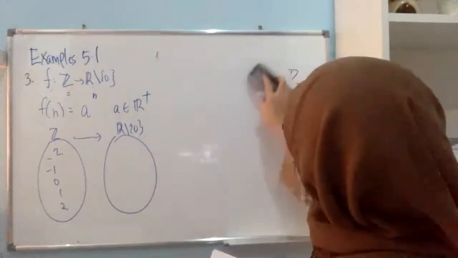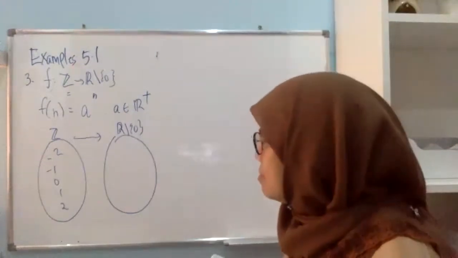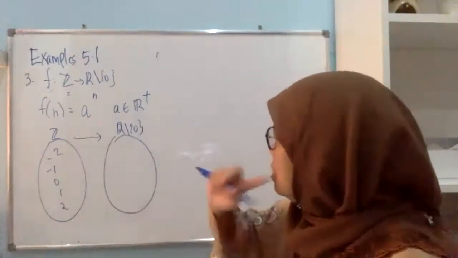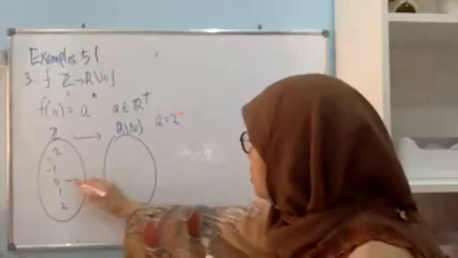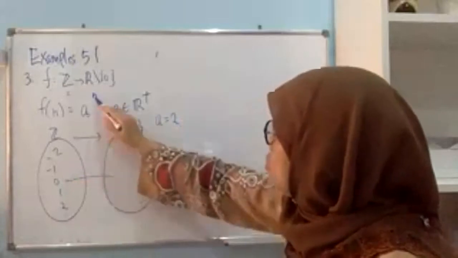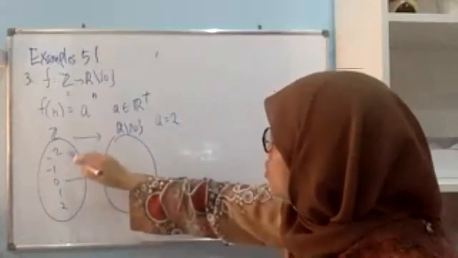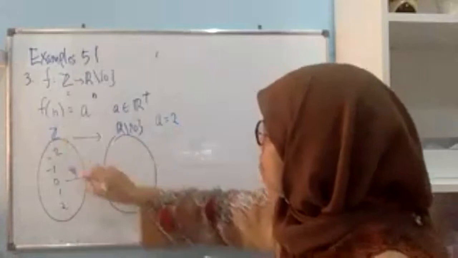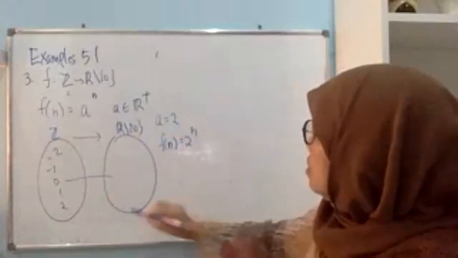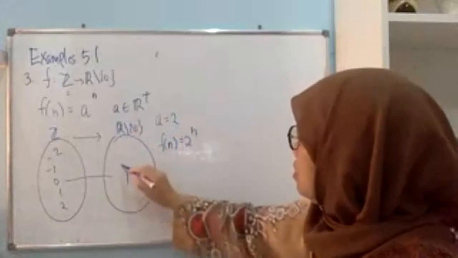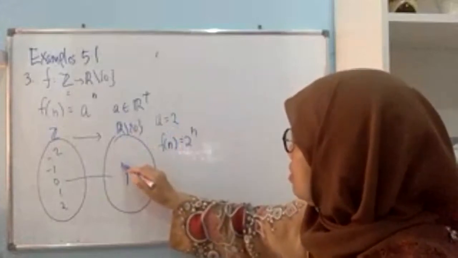But anyway, I will show here first. So this is the integer. If a is 2, this will be 2 to the 0. This is our n, and f(n) is 2 to the n. This is 1. This is a half.